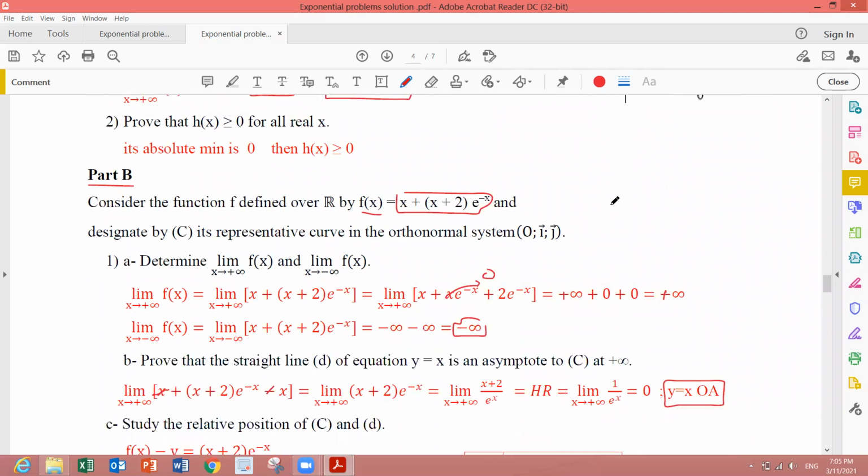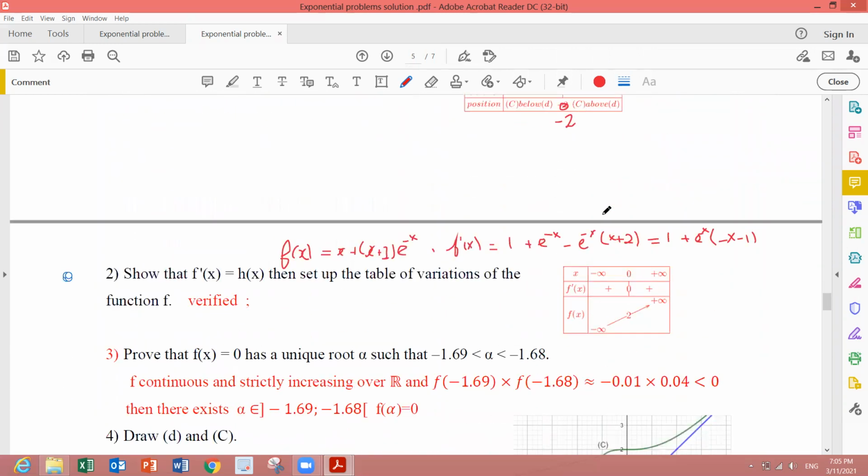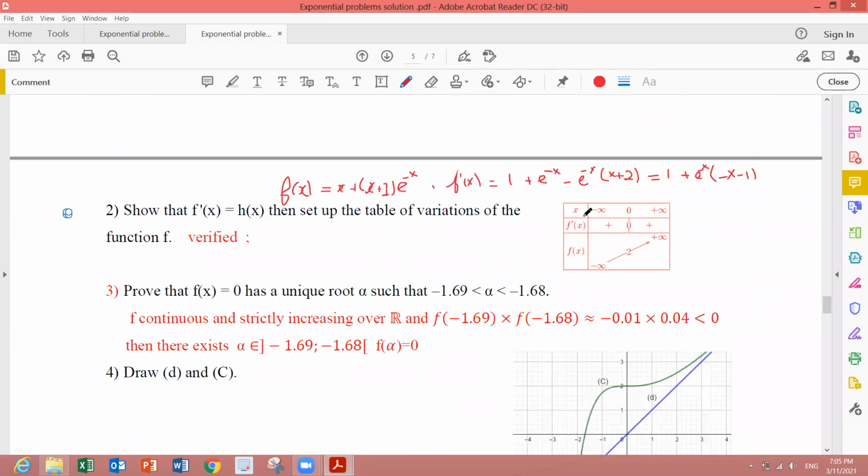We know that h(x) is greater than or equal to 0, so f prime of x has the same sign as h(x). It is positive, so f is increasing from minus infinity to plus infinity, not necessary to put 0.